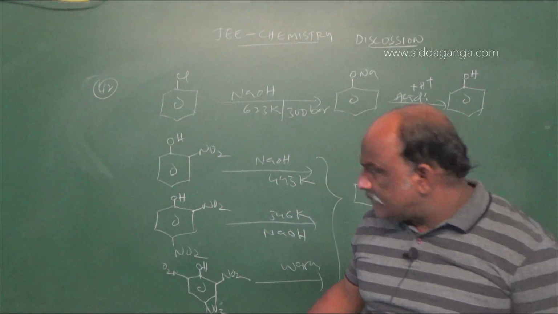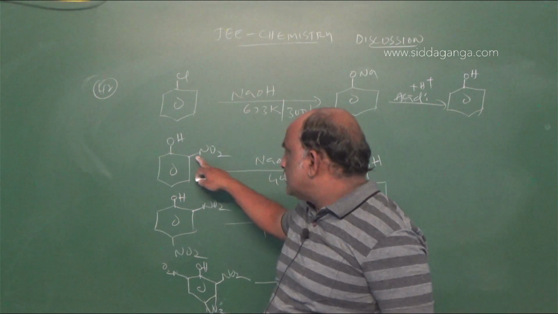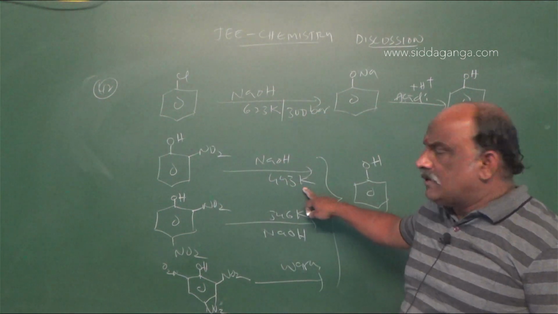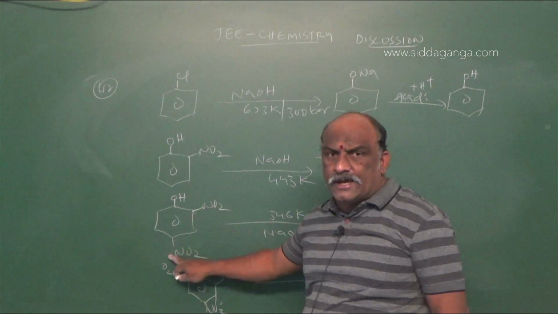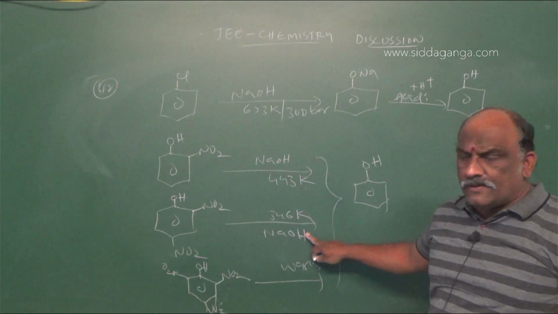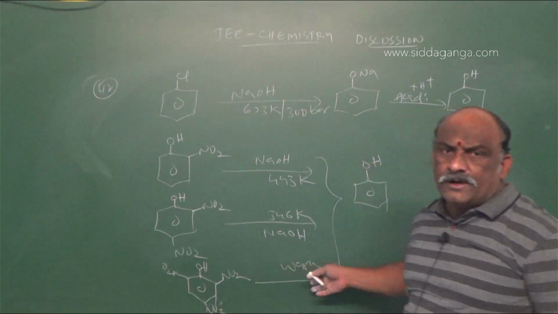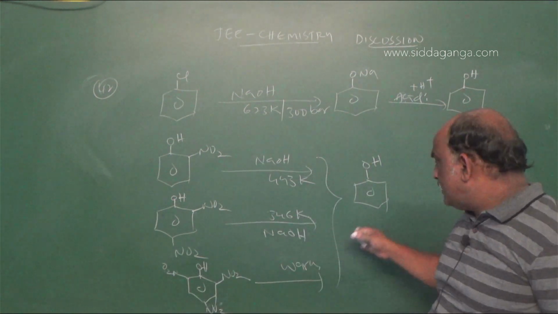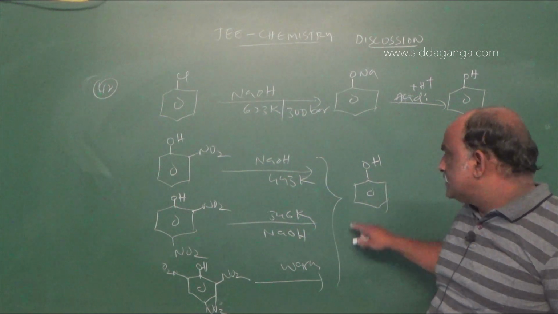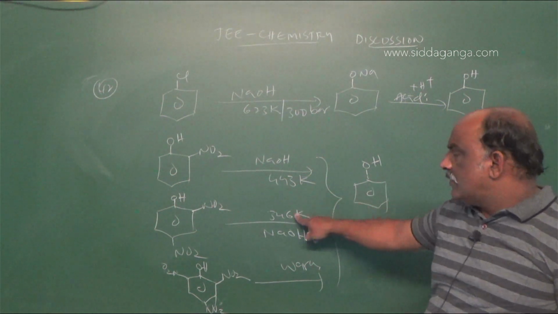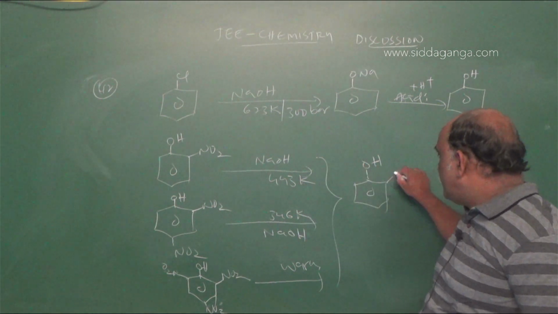When one NO2 group is introduced at the ortho position, the temperature decreases. With 2 NO2 groups at the ortho and para positions, the temperature is very low. With 3 NO2 groups at ortho, para, ortho, no more temperature is needed, you only warm. The compounds we get are 2,4,6-trinitrophenol, 2,4-dinitrophenol, and 2-nitrophenol.